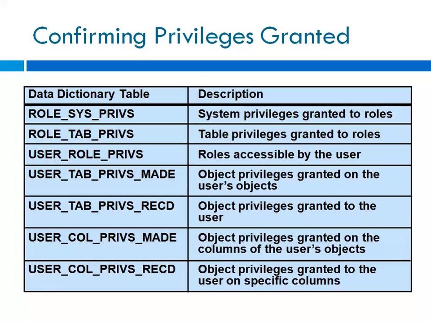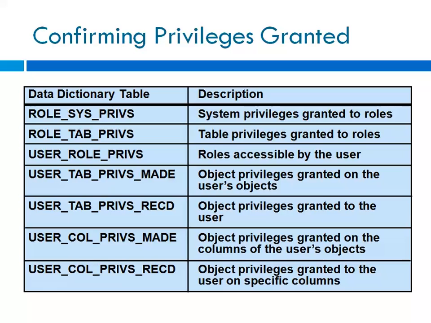Then the next one is user_tab_privs_made, user privileges granted on the user's objects. So if I am a user and I have made some data objects and I have given privileges on my data objects, those things will be stored in this table.